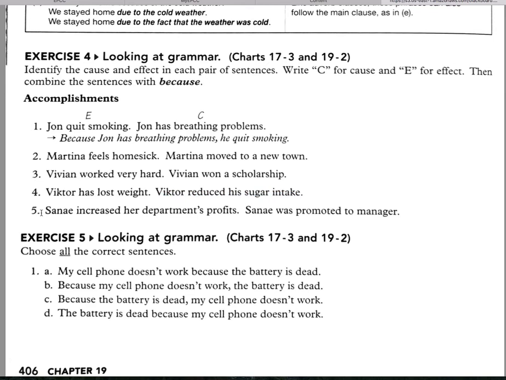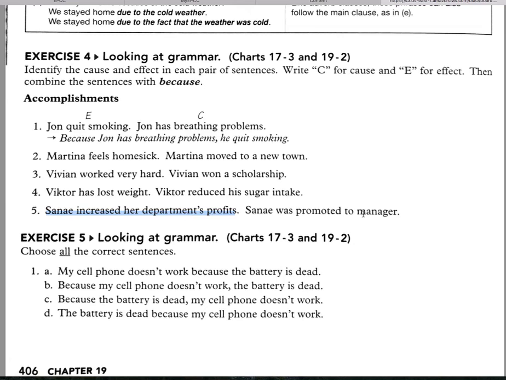Number 5. Sanae increased her department's profits. Sanae was promoted to manager. The cause? Sanae increased her department's profits. The effect?